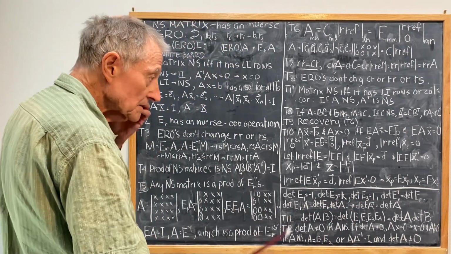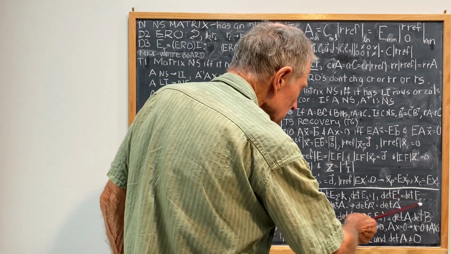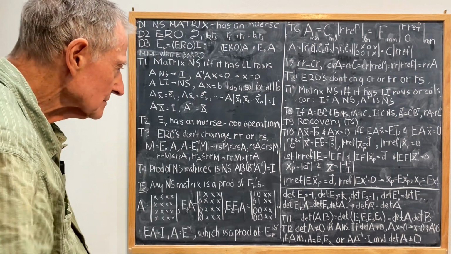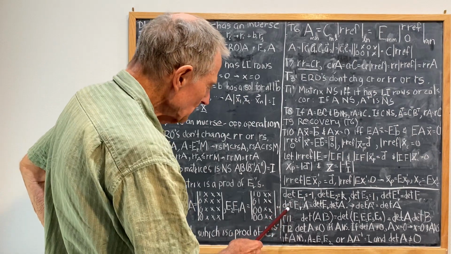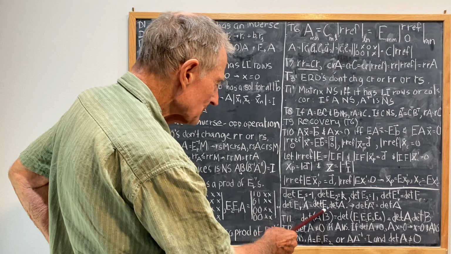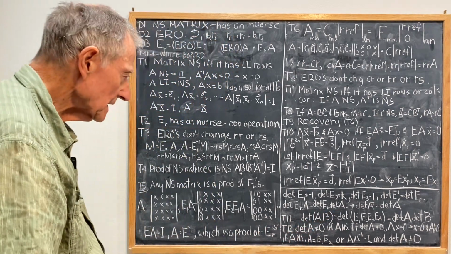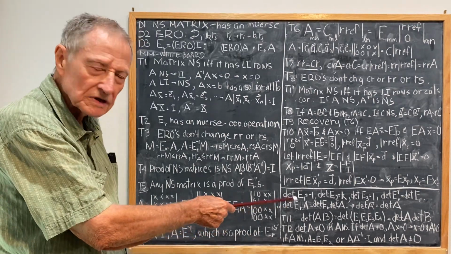And it's easy to show that the determinant of ER transpose is the determinant of ER. So from that now we can show that the determinant of ER times A is the determinant of ER times the determinant of A. And you just have to look at the individual cases to show that.